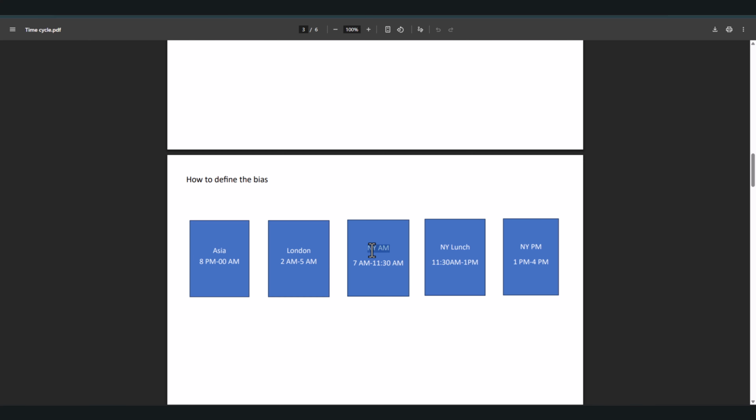If New York AM sweeps London high or Asia high, maybe it sweeps both, then your bias becomes sell. Same, if New York sweeps London and Asian low, then your bias becomes buy.